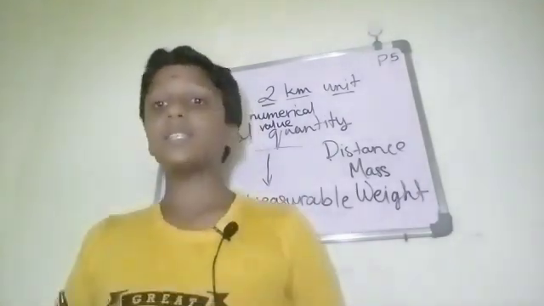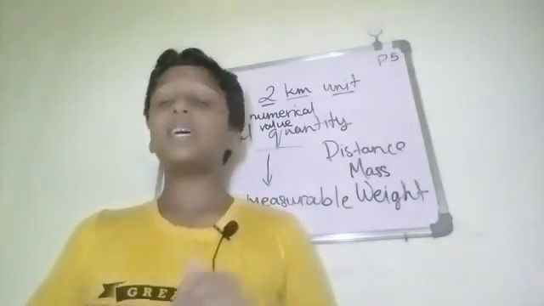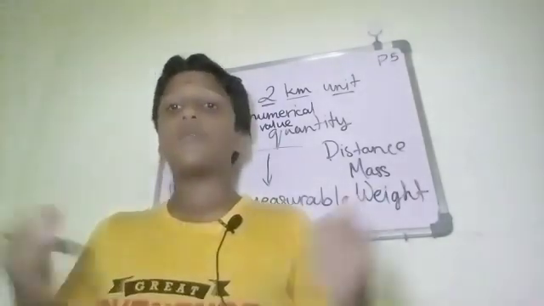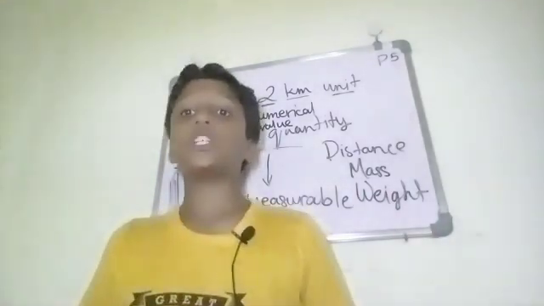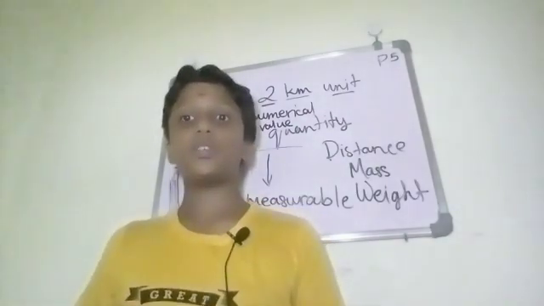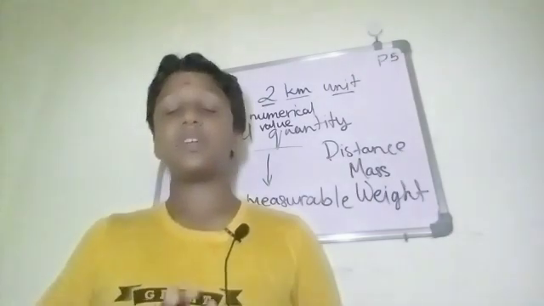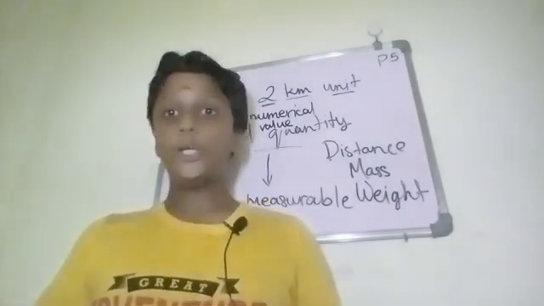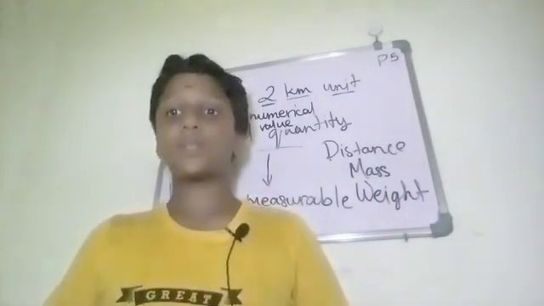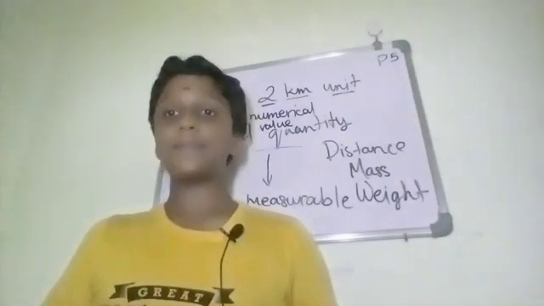It is a must to add of the same kind. For example, you cannot measure the weight of an object using a scale. They are different kinds. So that is what is meant by the same kind.